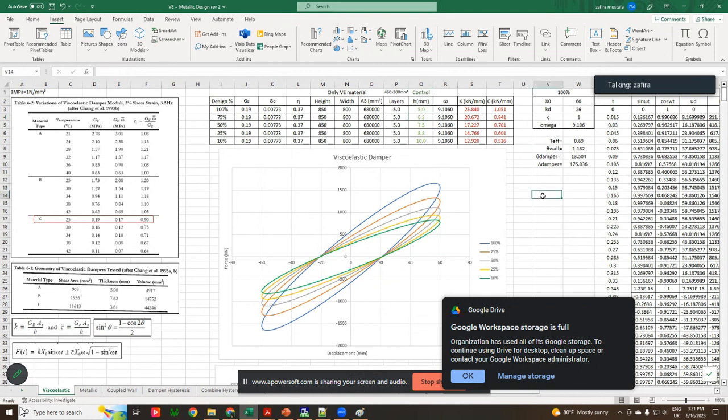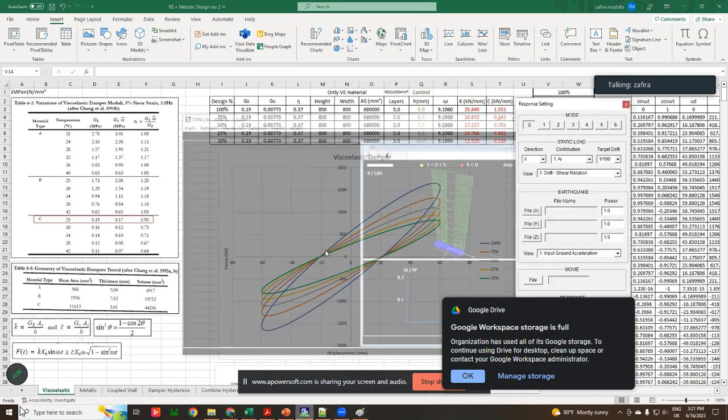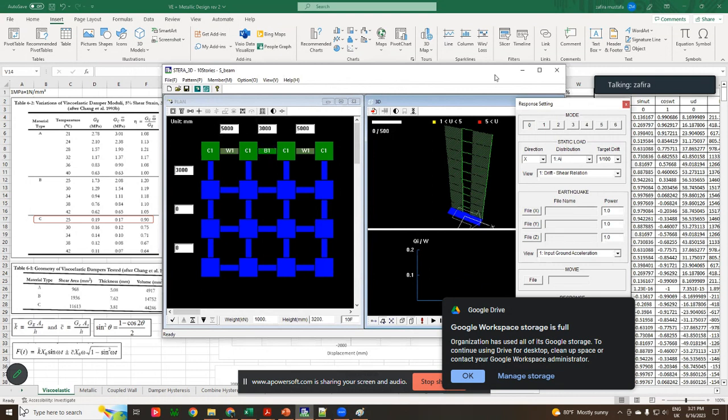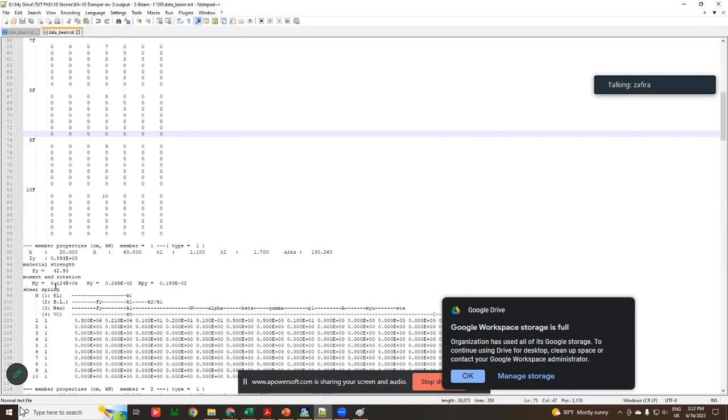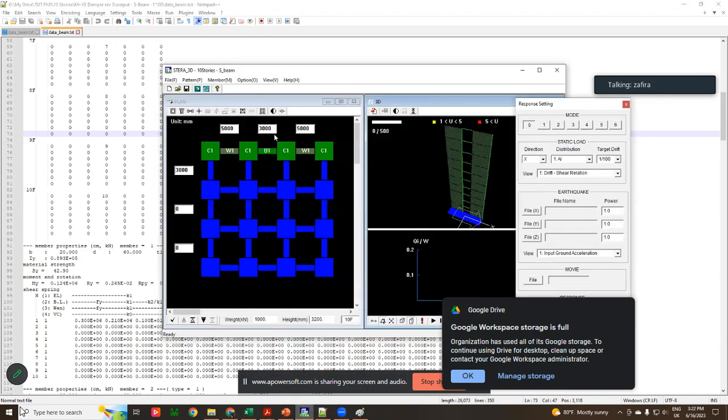Yes, my target here is from the Sierra 3D. This is the beam model that we did last time. So if we get from the beam here, 1, 2, 4, times by 2 divided by 300 centimeter, we get 827 kilonewton.